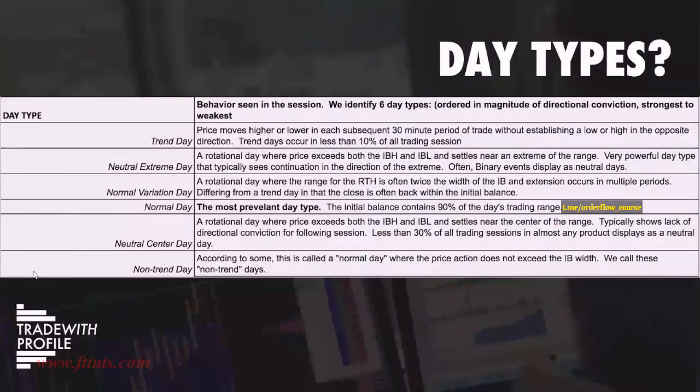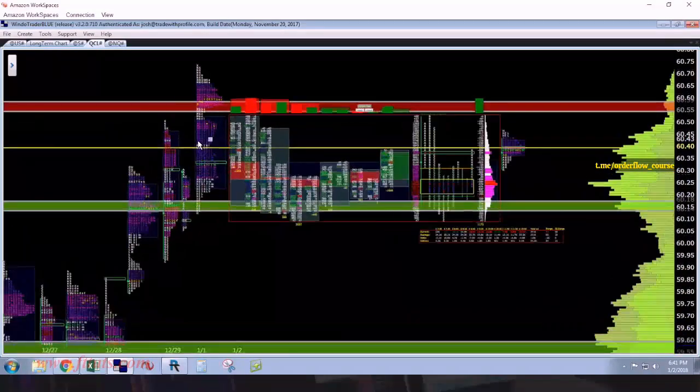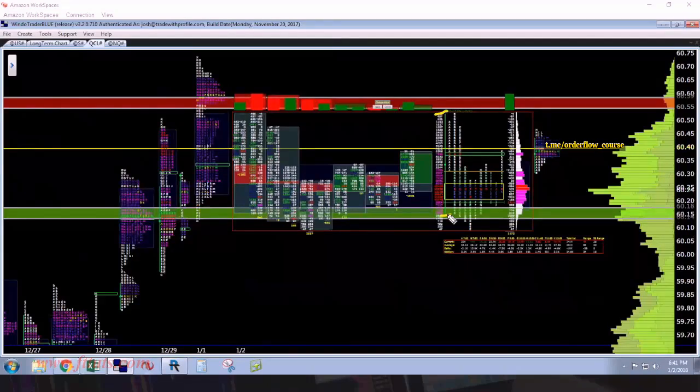A neutral extreme day. This is a day where we auction on both sides of the initial balance. We didn't have any neutral days today in any markets, but probably the closest we had would have been crude oil. We talked about the initial balance last module as one of the anatomy structures of the profile.